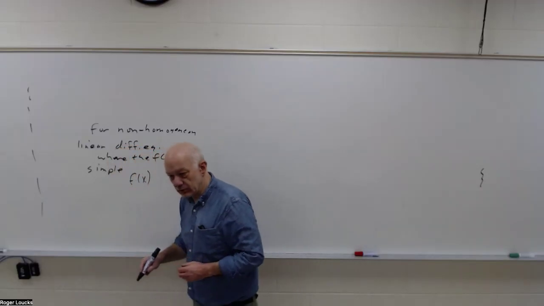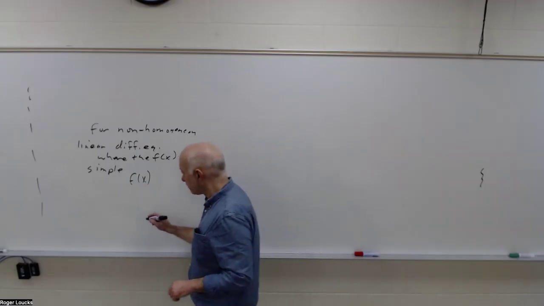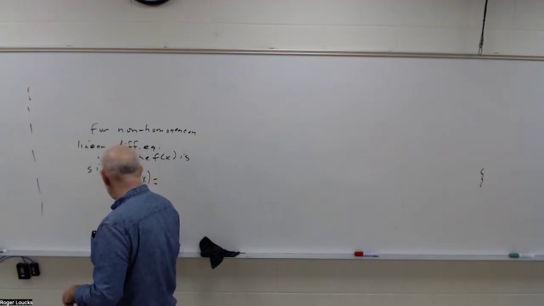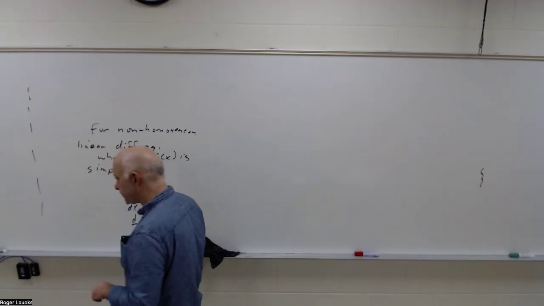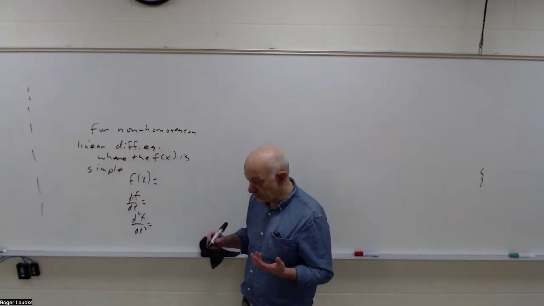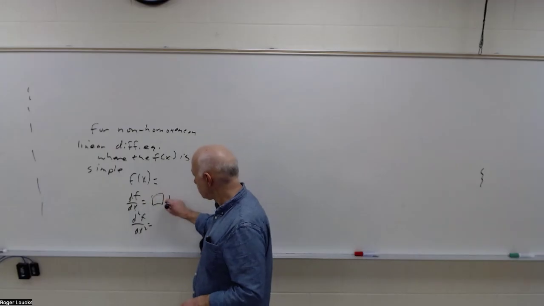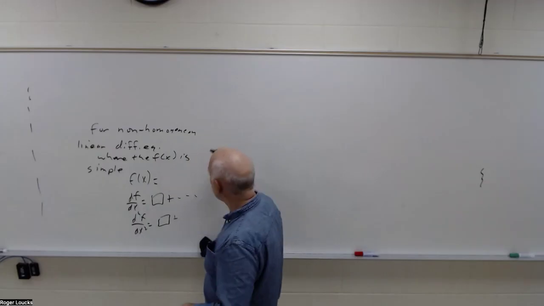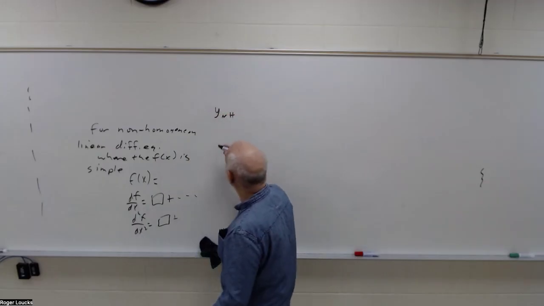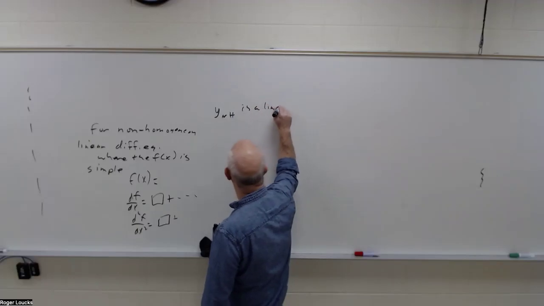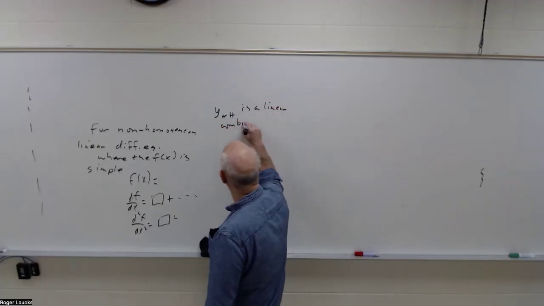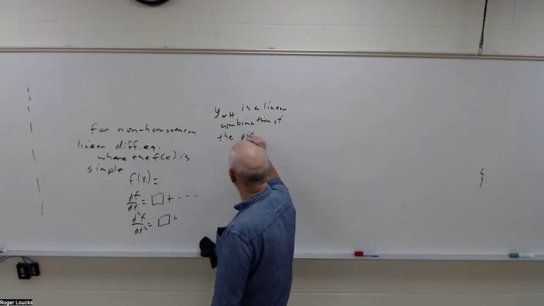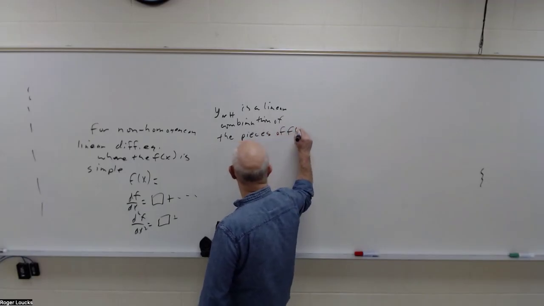Take f of x, and what do we keep on doing? We keep on taking derivatives, first derivative, second derivative, and we look for unique pieces. The non-homogeneous piece is a linear combination of unique pieces of f of x and its derivatives.